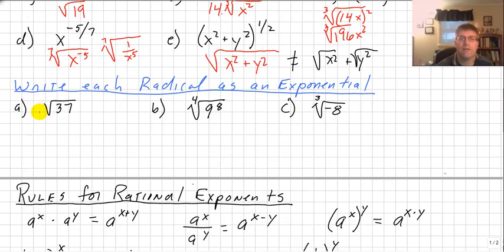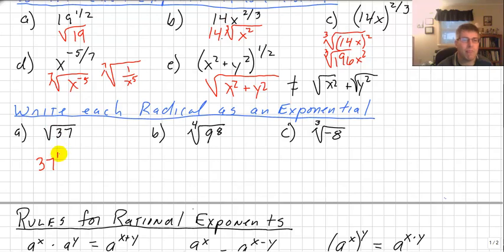Let's write each radical as an exponential. Well, we have the square root of 37. We know it's power over root, so that's just 37 to the 1st power over 2. So 37 to the 1/2. The 4th root of 9 to the 8th, I don't want to figure out what 9 to the 8th is, but I know this is power over root, so it's 9 to the 8/4, right?